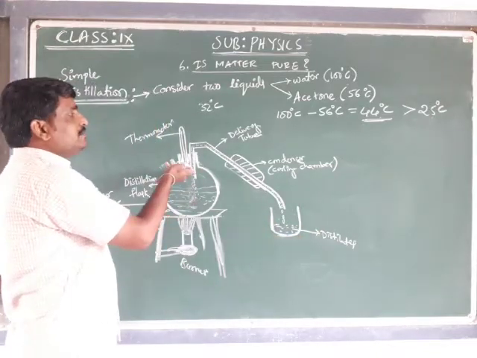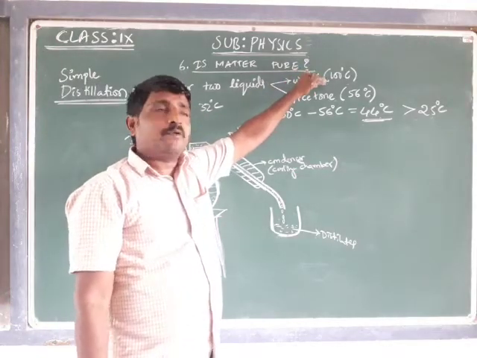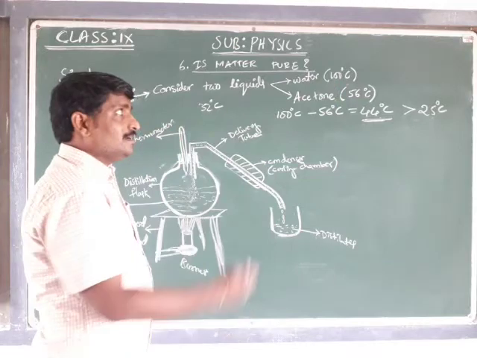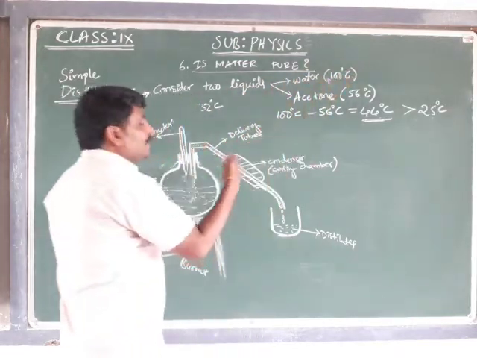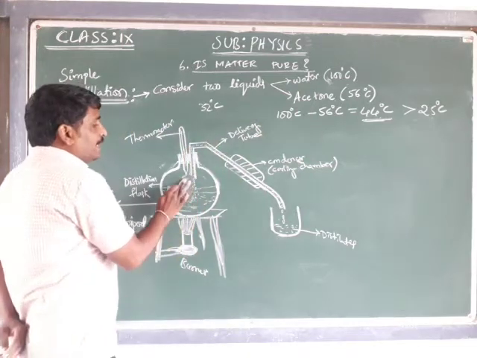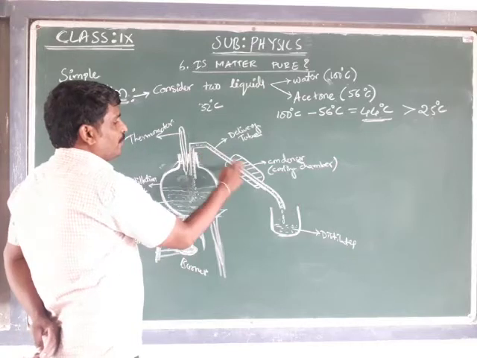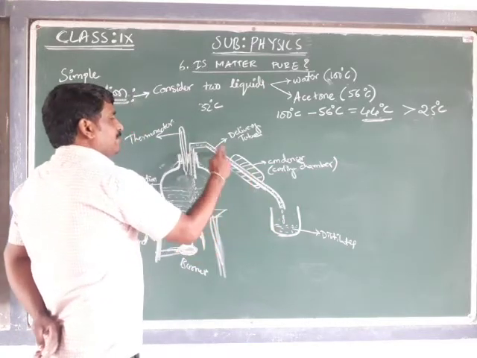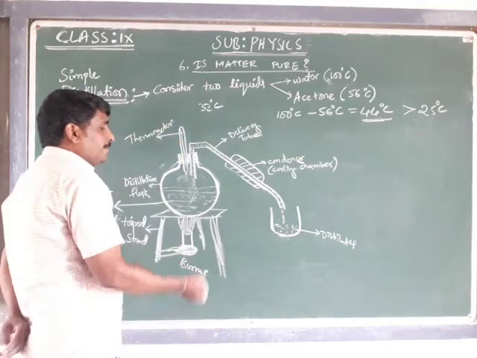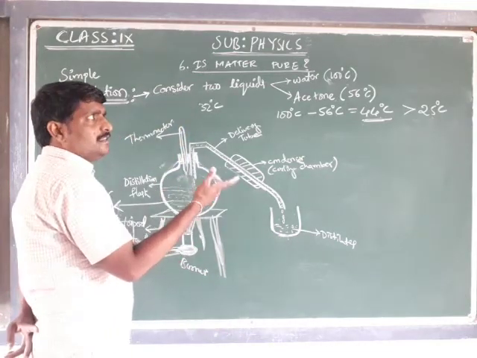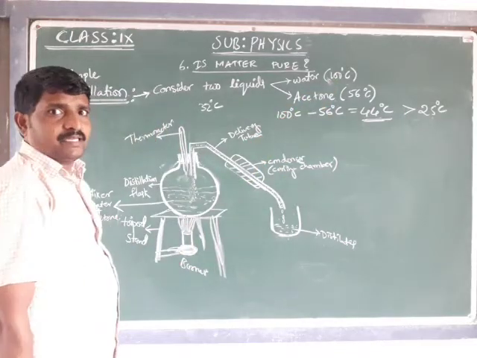We have to continue this process until we approach 100 degrees Celsius, so that all the acetone in vapor form travels through this delivery tube and is collected as distillates in this beaker. When the temperature nears 100 degrees, we have to stop the process.